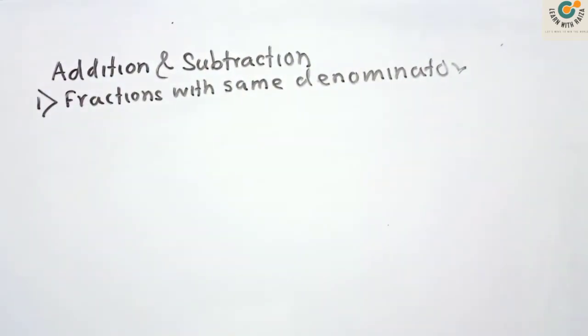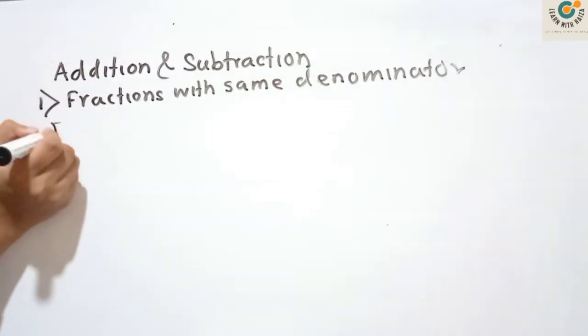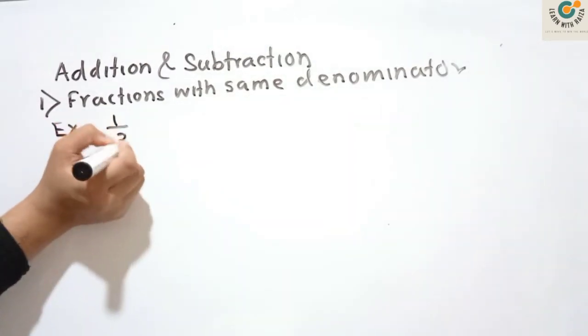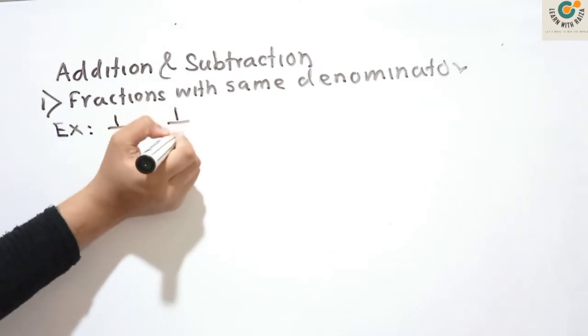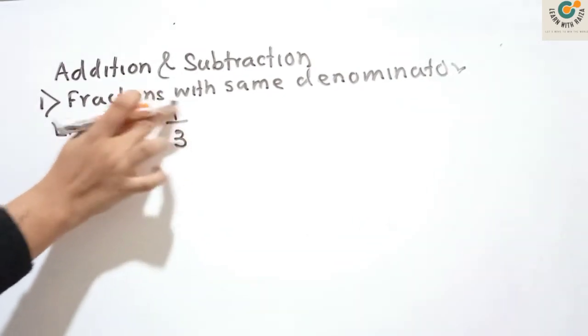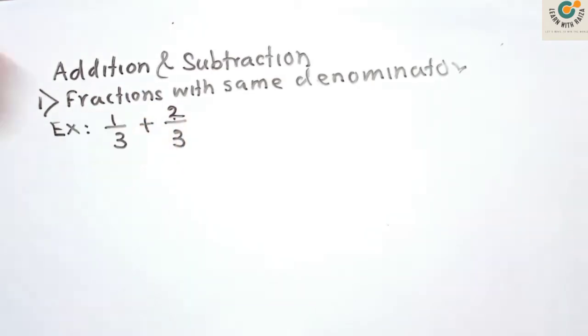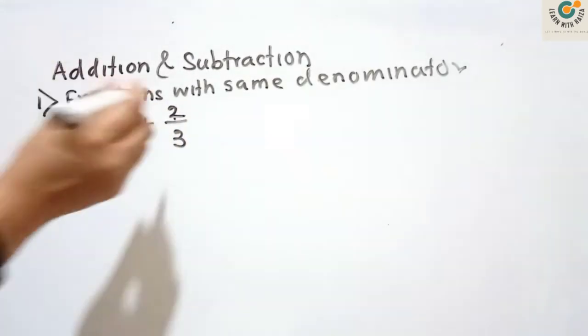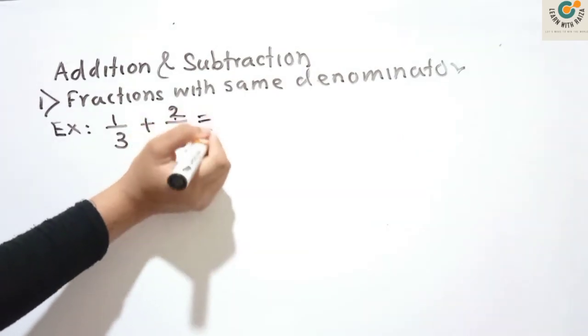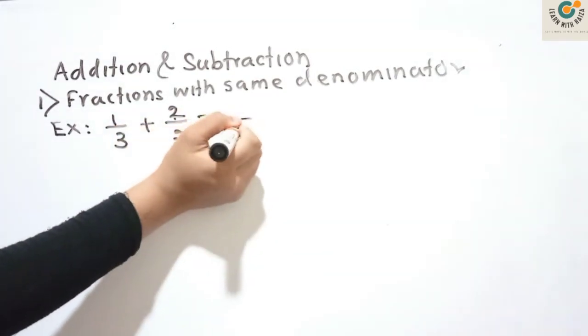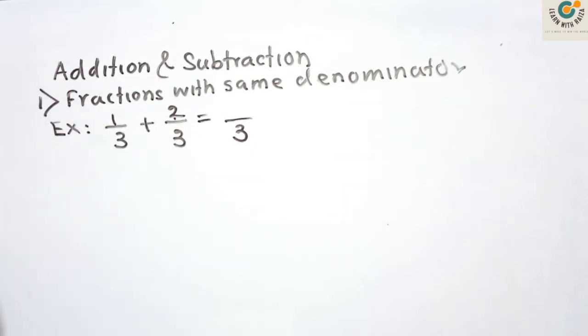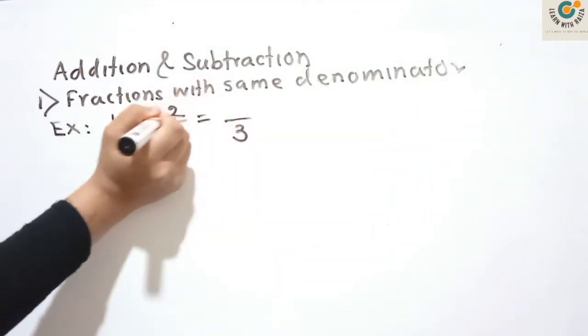Same denominator. Suppose you are given two fractions with the same denominator, something like this. Denominators are same. Let me change the numerator, if not you are getting confused. Same denominators are given, this is grade 6, right? You can write the denominator here without any change and add the numerators.